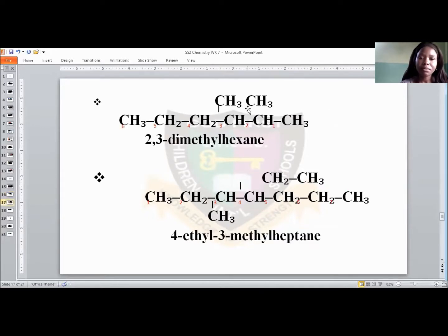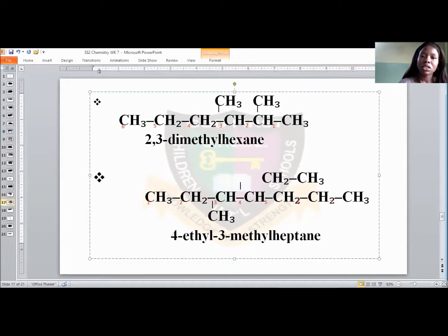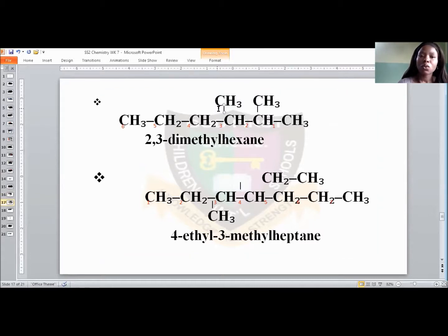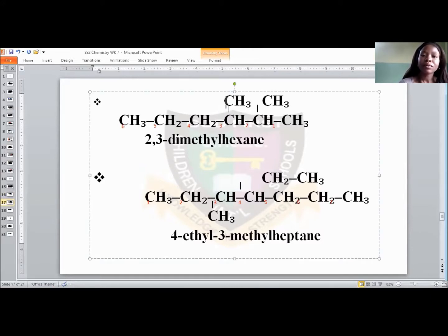Look at this. Sorry, there is a bit of rearrangement of these bonds because of this slide. So we have this. So look at the numbers.